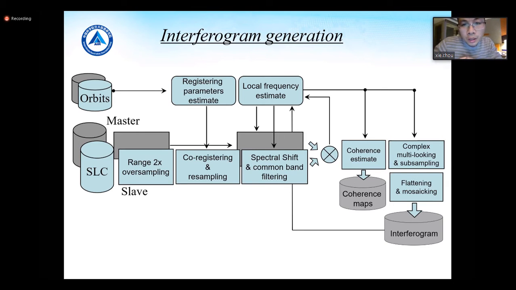With local frequency estimate, we can do spectral shift and common band filtering. After that, with coherence estimate, we can get a coherence map. After flattening, we can remove the flat earth phase. Then we get interferograms.